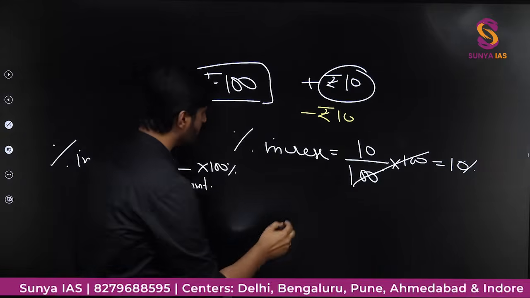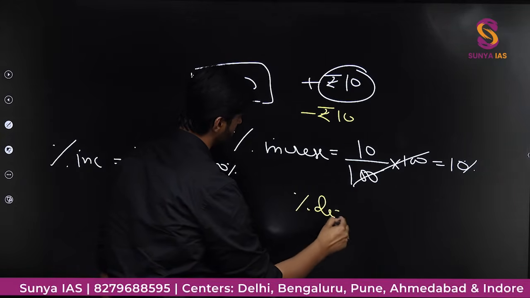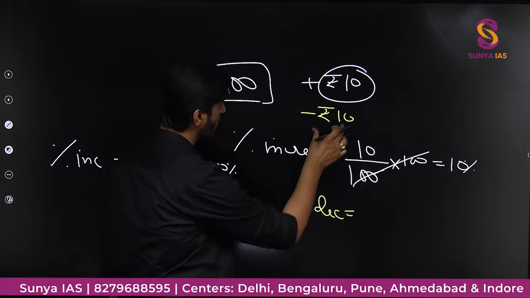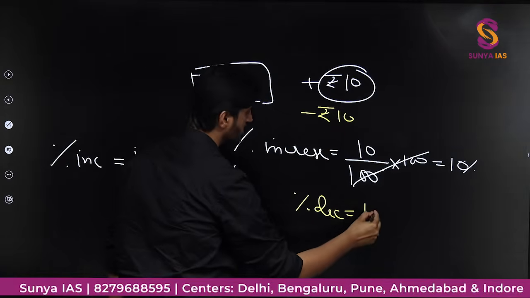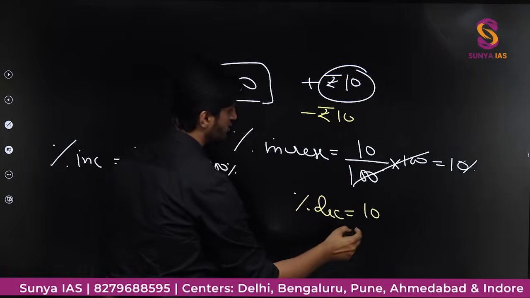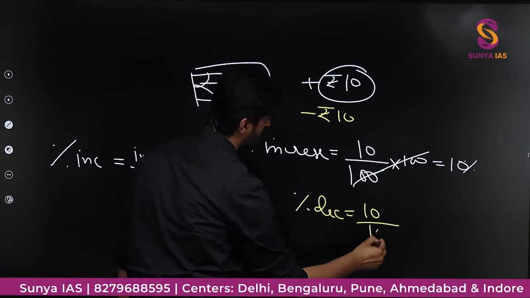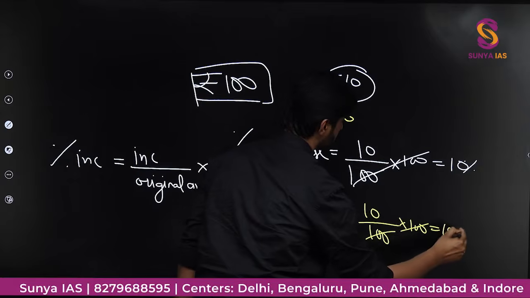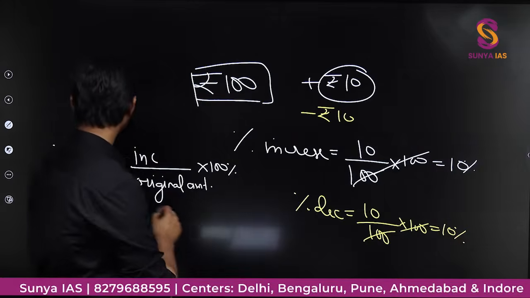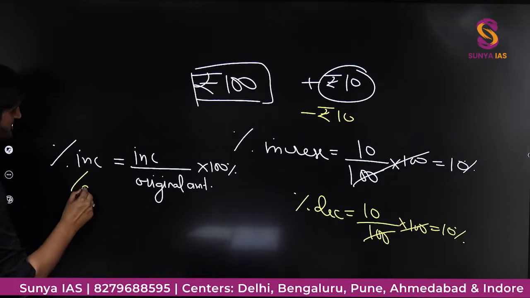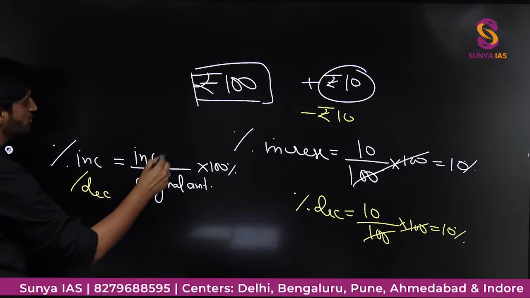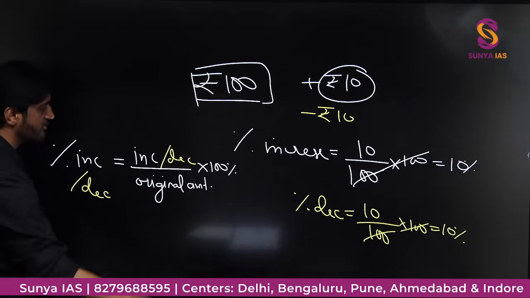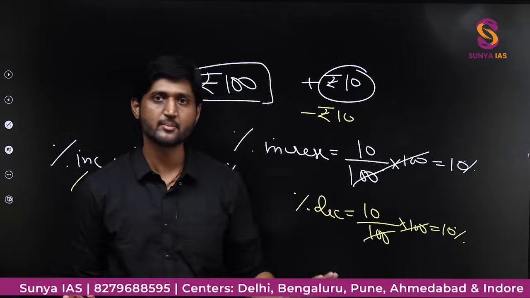So what is the percentage decrease in this case? Percentage decrease is going to be how much? The decrease is of 10. So I'll write 10 divided by original amount, that is 100, into 100. The decrease is also 10%. And so this formula can also be written as percentage decrease is nothing but the amount of decrease divided by original amount into 100. That is the basic idea.